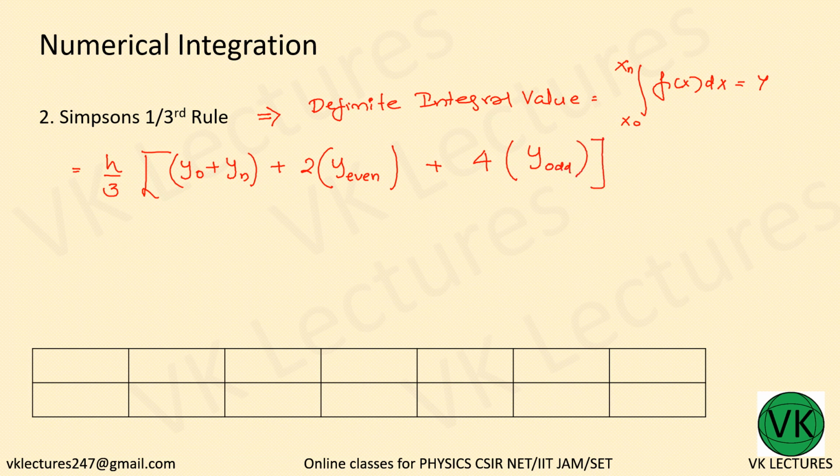Y even means y2, y4, y6, etc. Y odd represents y1, y3, y5, etc.